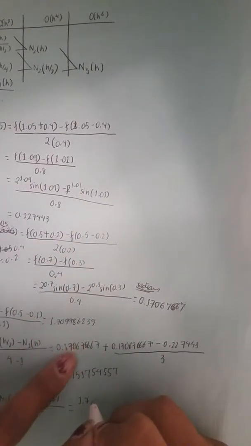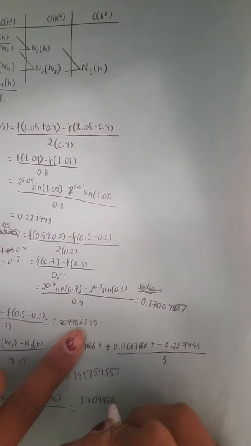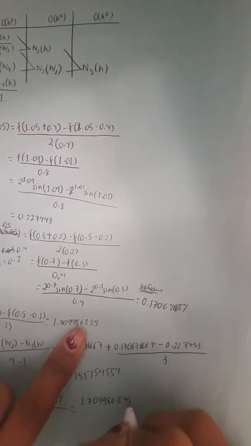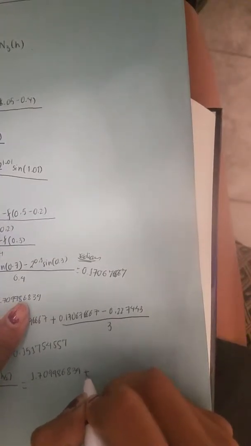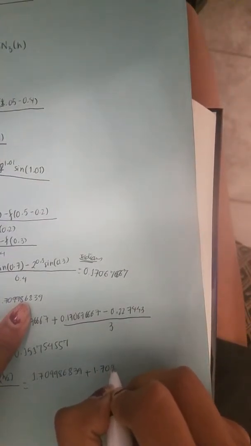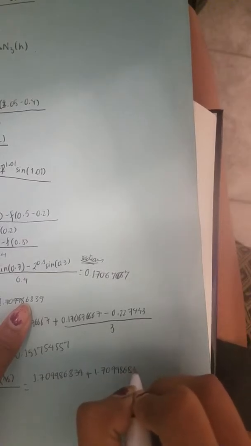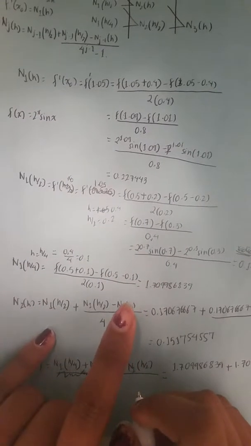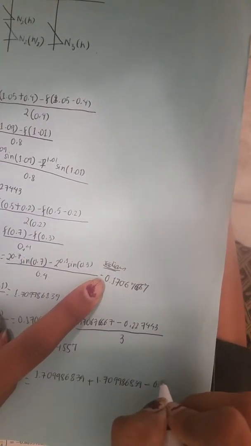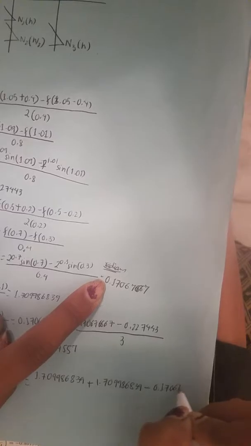So 0.709963839. Okay. Plus 1.709986839 minus N1 of h over 2. Where is our N1 of h over 2? Which is this one right here. When I say radians, I'm saying all of this has to be calculated in radians.